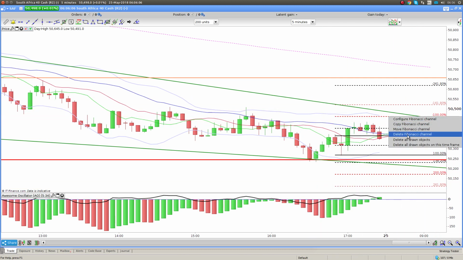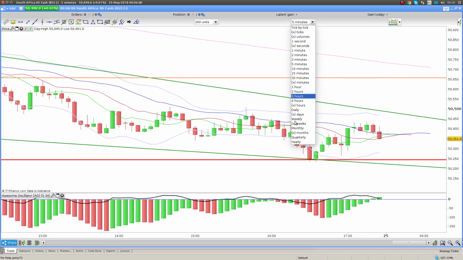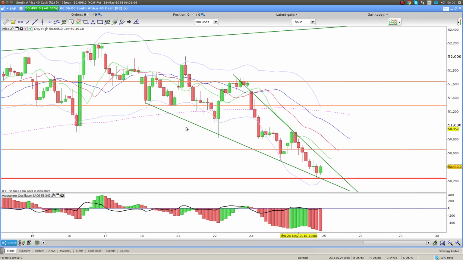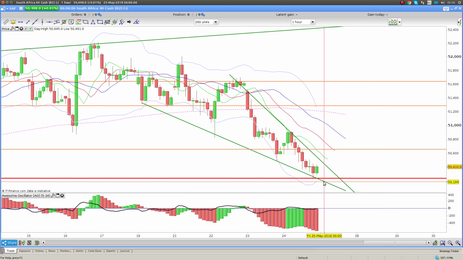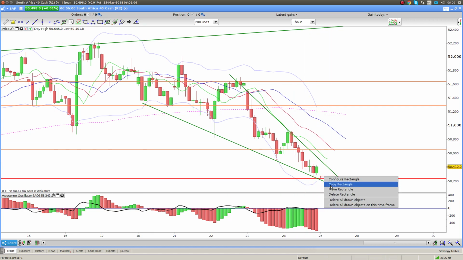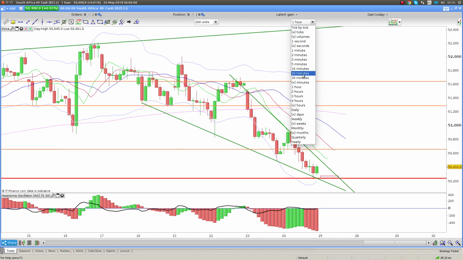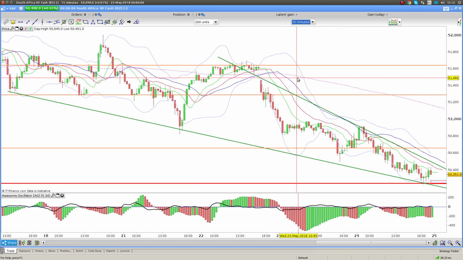Okay, so let's just get back to the hour, show you what I'm looking to do today. So I'm looking for the first price to me is going to be a retest of this level. Okay, that's going to be first price to me. Second price will just be, let's copy this. Sorry, I'm going to have to go a bit lower for us to see this.